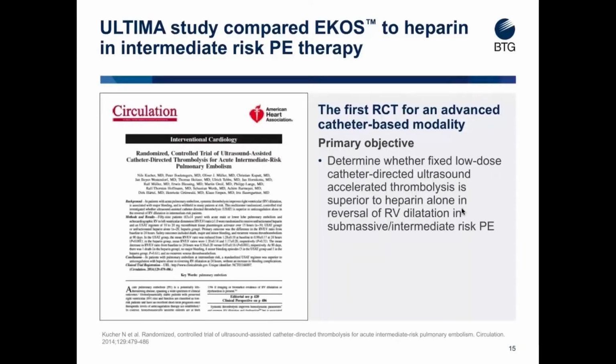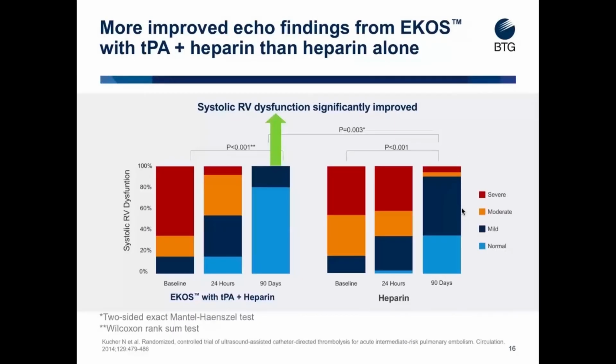This was a European study, and what this showed was that patients who were randomized to EKOS and heparin had a significant improvement in their RV function, both in hospital and at 90 days follow-up. The patients who were randomized to heparin alone still had a portion with severe and moderate RV dysfunction at 90-day follow-up, compared to almost complete recovery in the EKOS therapy arm.